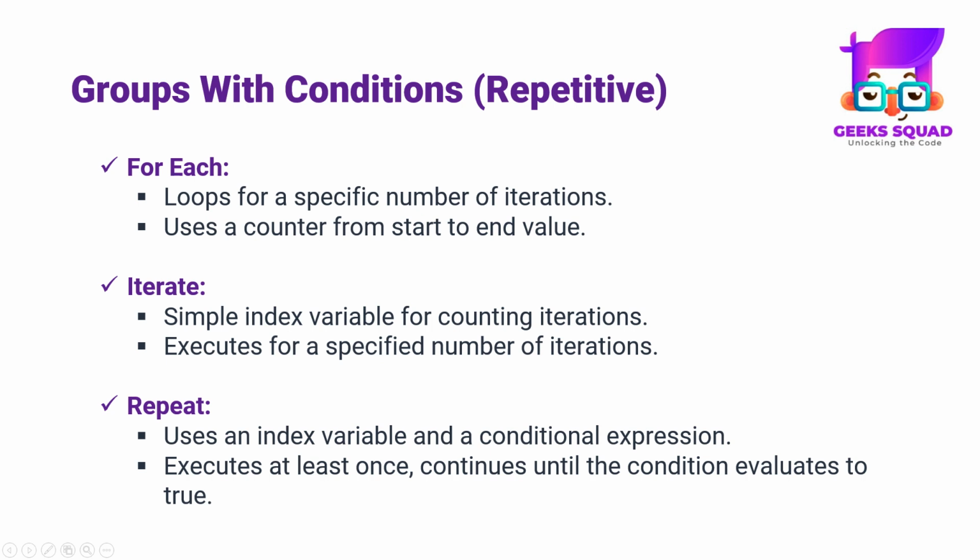Next, we have the iterate loop, a simple loop with an index variable used to count each iteration. It is executed for a specified number of iterations. Moving on to the repeat loop. It uses a conditional expression to determine when to stop. This loop executes at least once and continues until the condition evaluates to true.